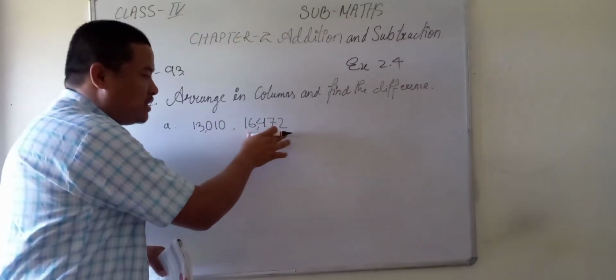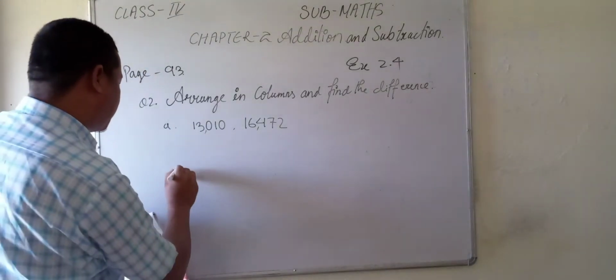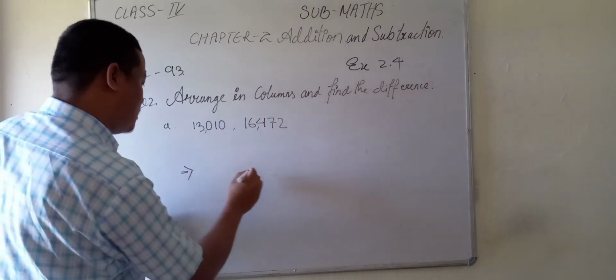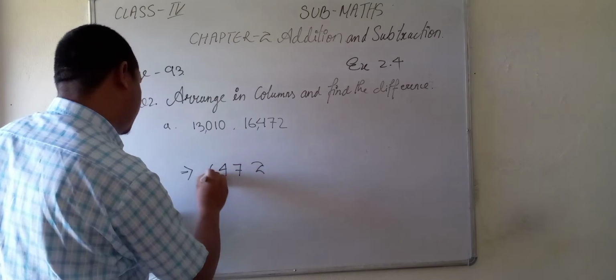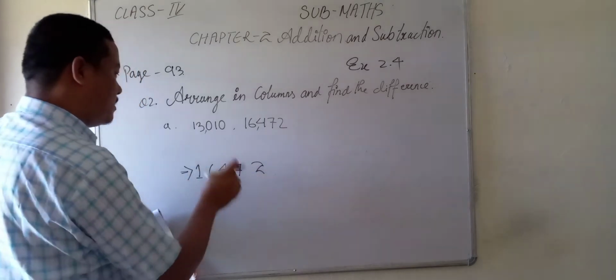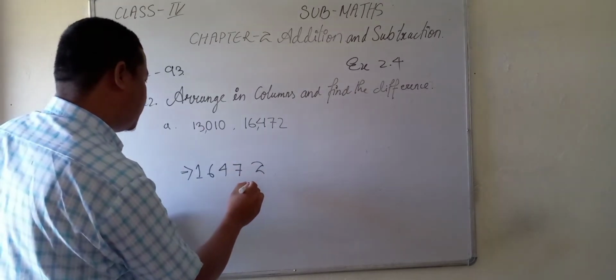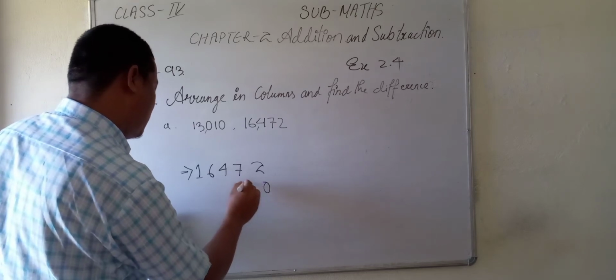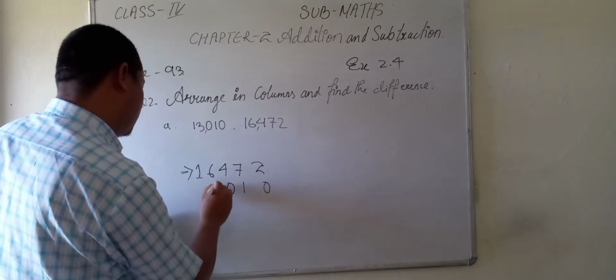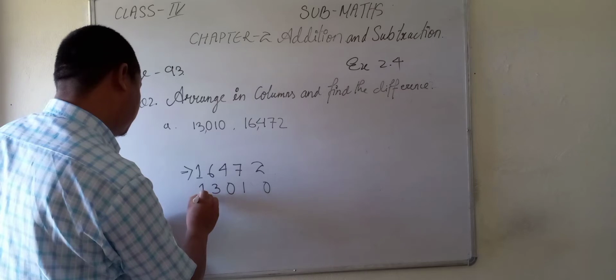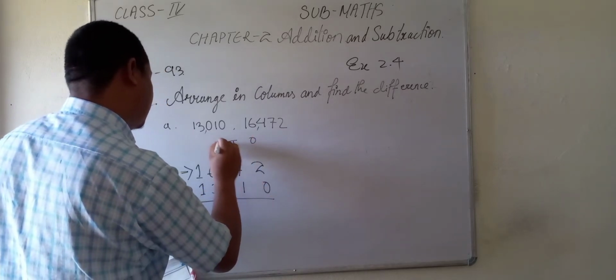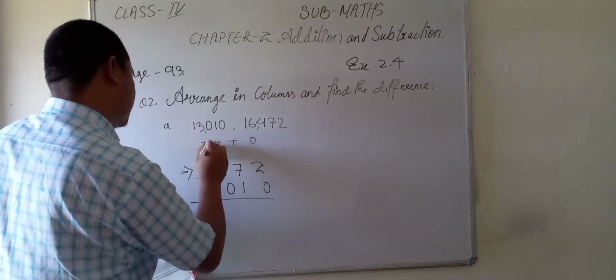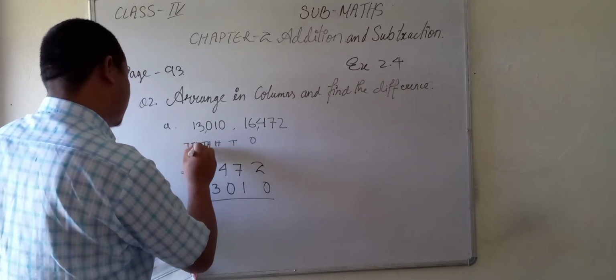So we'll write this number first. Now minus 13,010. Ones, tens, hundreds, thousands, ten thousands.